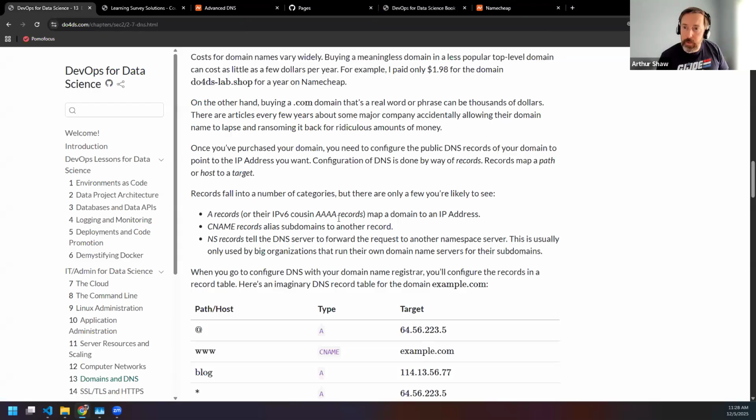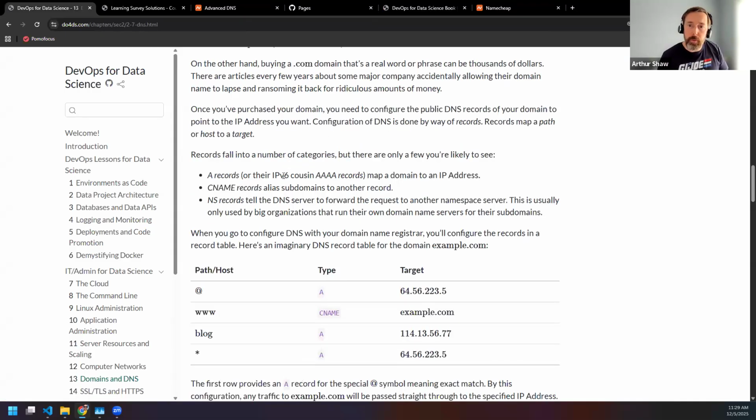The A records point to your IP address, whether it's version 4 or version 6. CNAME records are alias subdomains to another record.